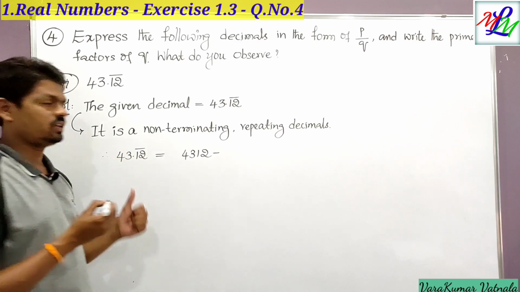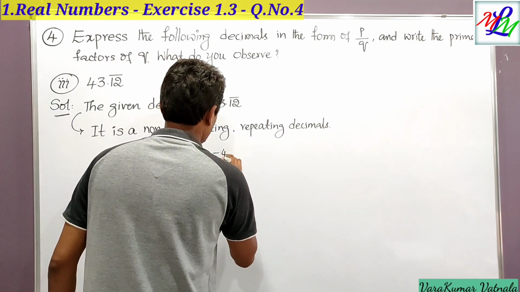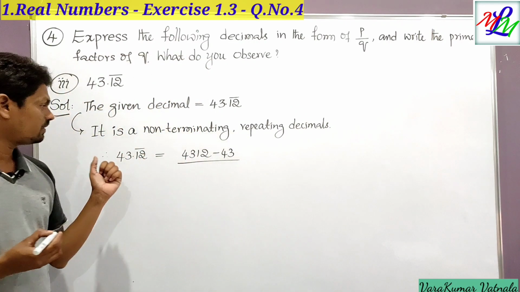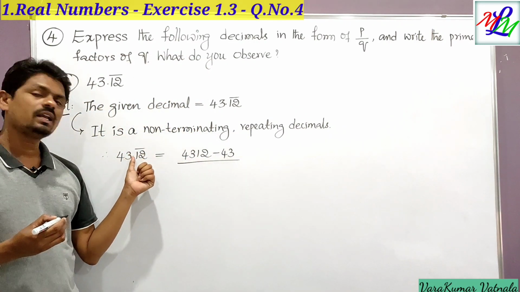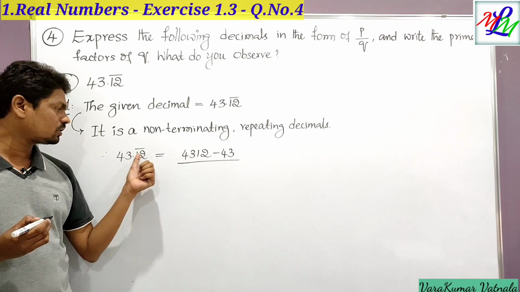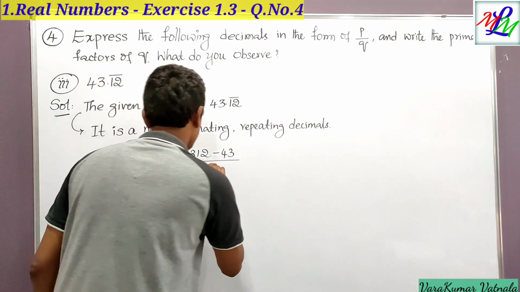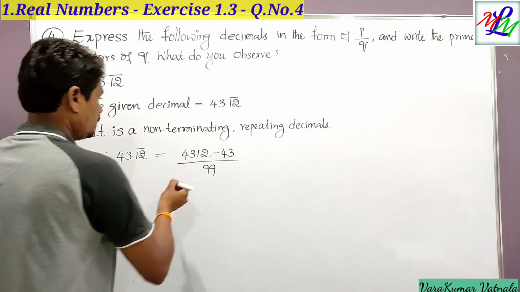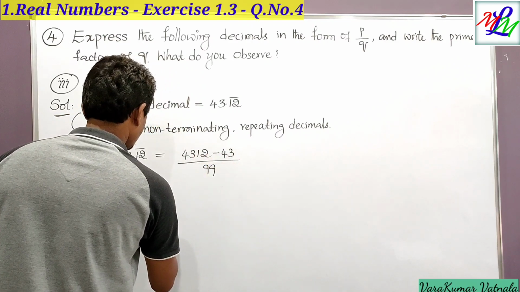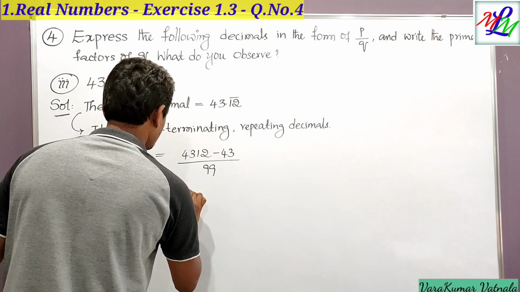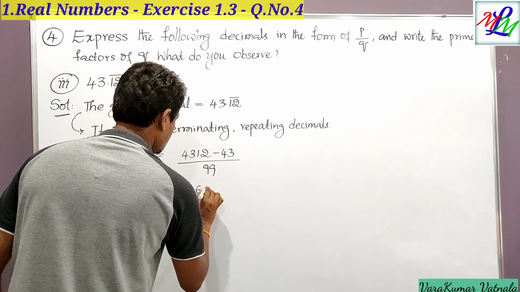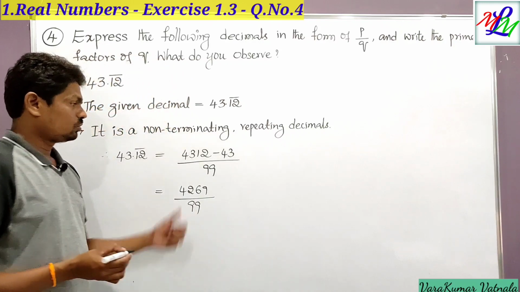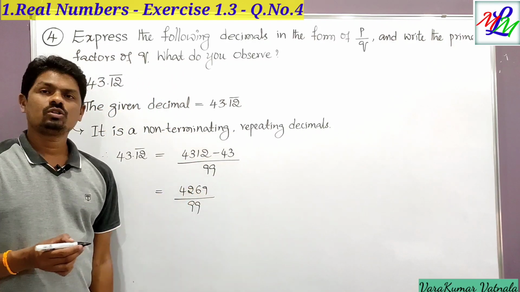The 4 3 is there on the left side. 4312 minus 43, divided by, now we have to observe the number of digits in the bar. There are 2 digits in the bar, hence we have to write 2 nines in the denominator. So 4312 minus 43 gives 4269, divided by 99.